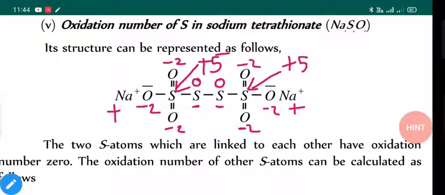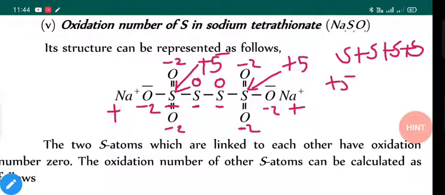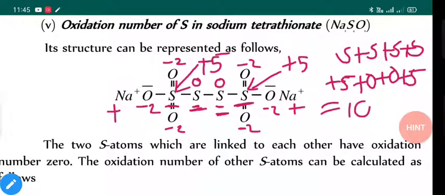So that means if we add all of these 4 sulfur together, we have 4 sulfur with different oxidation states. The first sulfur is in plus 5 oxidation state, the second sulfur is in 0 oxidation state, the third again is in 0 oxidation state, and the last sulfur is in plus 5 oxidation state. So total will be 10.